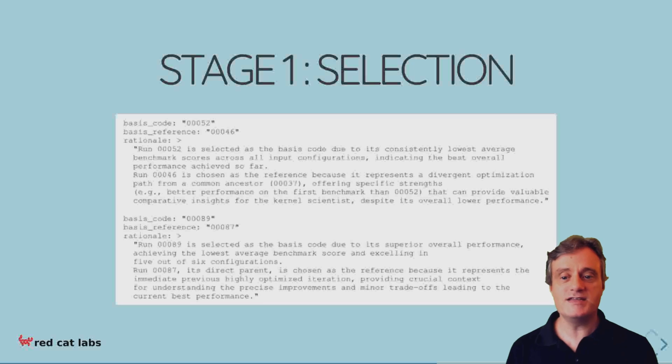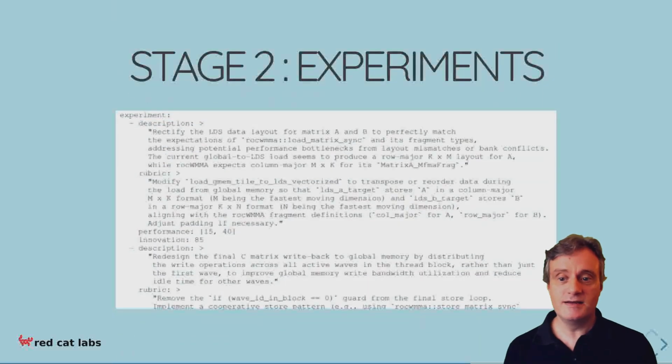You can see here that it's taken 2 different kernels, the 52 and the 46 kernel, and it's then decided why it wants to use those and explains it. I'd like to see the explanations just so I can see to what extent it is rationalizing its choices. And it seems to make a variety of different choices, so this is quite interesting that the Gemini Flash can do this. For the experimental design, basically it comes up with a description of the experiment it would like to do.